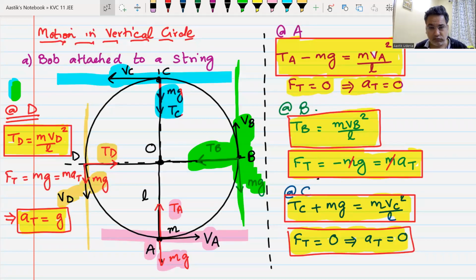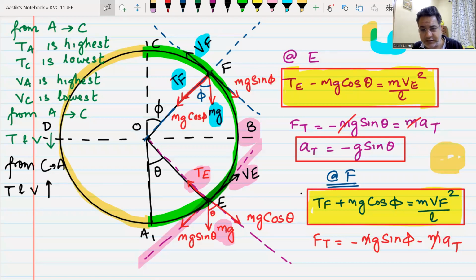We had seen the equation at various points: lowest point, middle point, highest point, the left side middle point. Then we had seen points in between A and B, in between B and C, and we had written some important points about what is happening where.